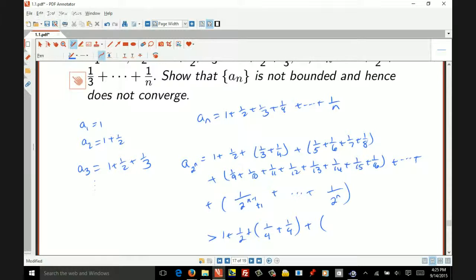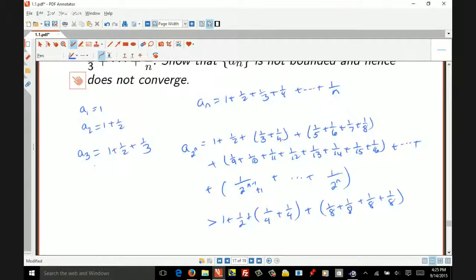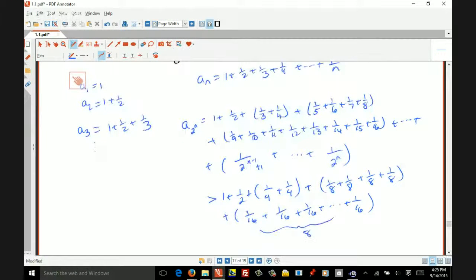This one would all be bigger than 1/8 plus 1/8 plus 1/8 plus 1/8. And the next one would all be bigger than, and there's 8 of them, right? And then the last one would be 1 over 2 to the n.